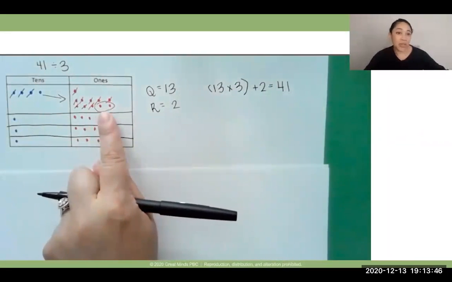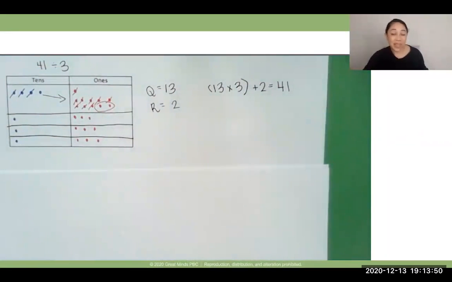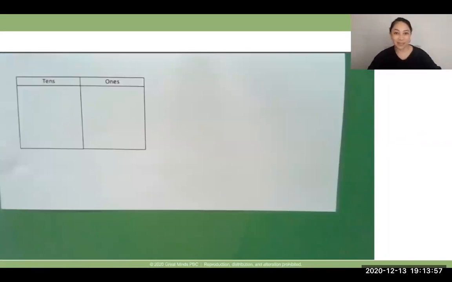The number 2 is the remaining 2 ones from the whole. And the number 41, well, that's the whole that we created in the beginning.